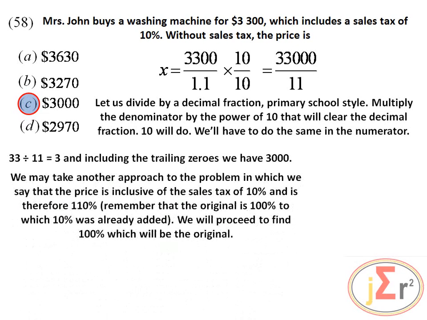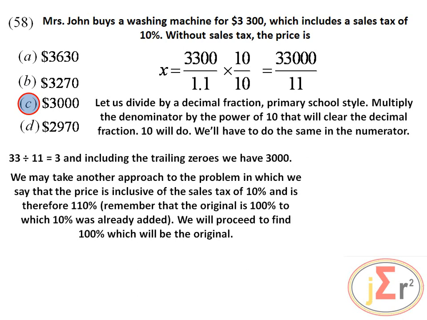We may take another approach to the problem in which we say that the price is inclusive of the sales tax of 10% and is therefore 110%. Remember that the original is 100%, to which 10% was already added. So that is how we end up with that 110%.